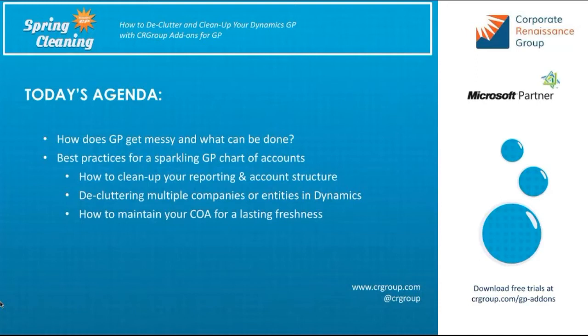It's one of the focus areas I see continually when we talk about cleanup: COA restructuring. So we'll talk about how to clean up your reporting and account structuring, decluttering multiple companies or entities, and how to maintain your COA for lasting freshness. In the spirit of spring cleaning, sparkling cleanup, decluttering, and lasting freshness will be takeaways from today.